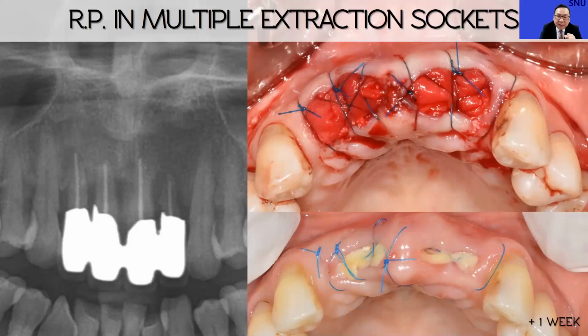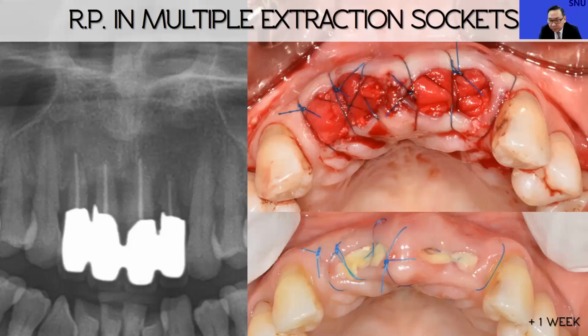However, when you look at this case, this was the very first case, and you see that in a week, we could see very rapid epithelialization. We're getting nice coverage and epithelialization in 1 week. And when you look at this phenomenon, maybe.